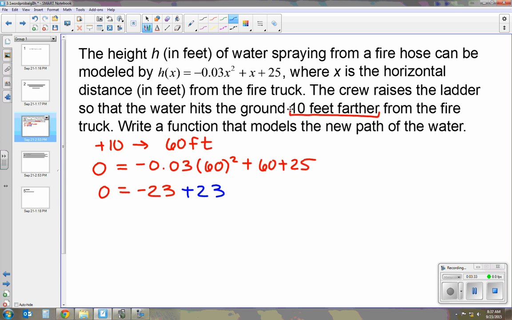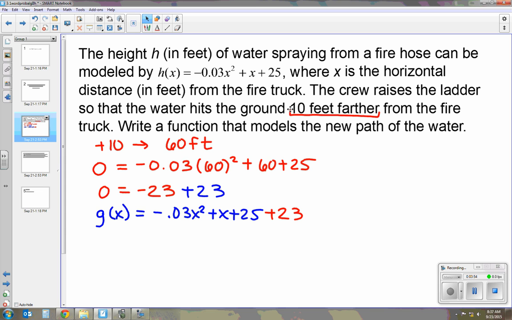So what we're going to do to our original function is rewrite it as g of x equals negative 0.03 x squared plus x plus 25. But to make this correctly land, we have to add another 23 on there. So we now have g of x equals negative 0.03 x squared plus x plus 48.